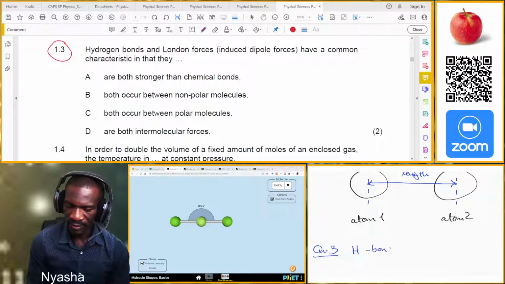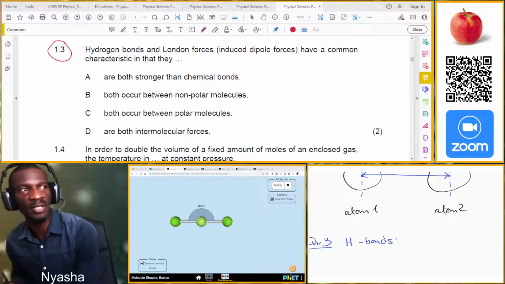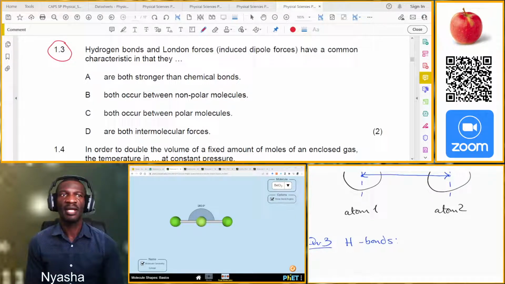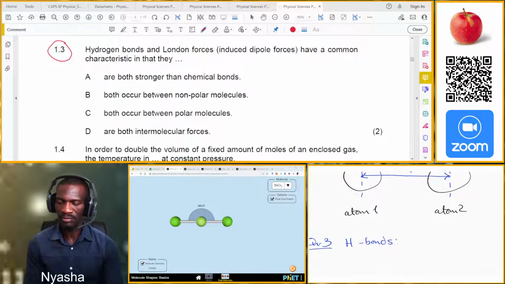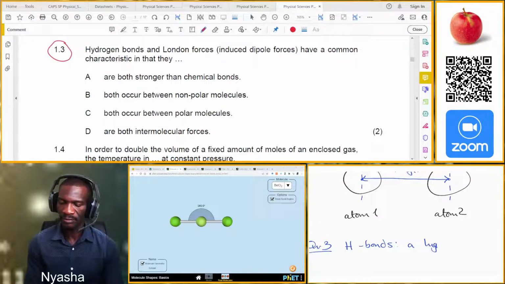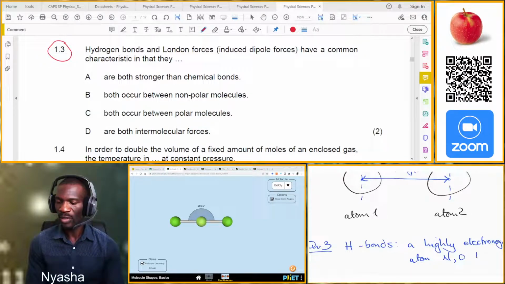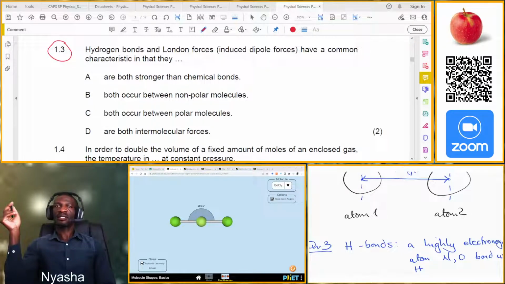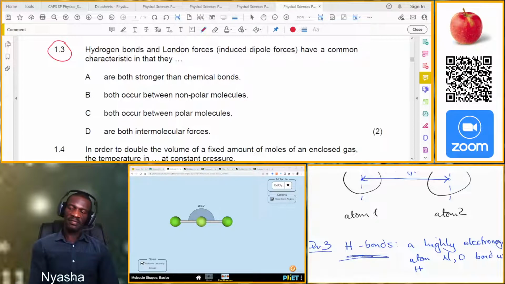Hydrogen bonds are formed when we have a highly electronegative atom, usually your nitrogen, your oxygen, and so forth, bonding with hydrogen, right? So that is your starting point.